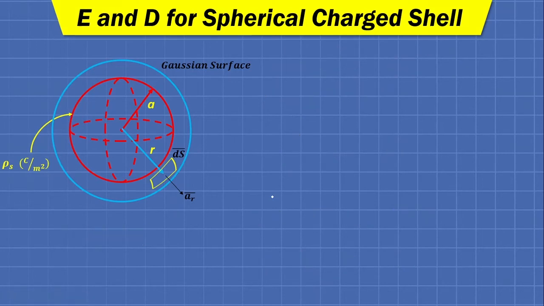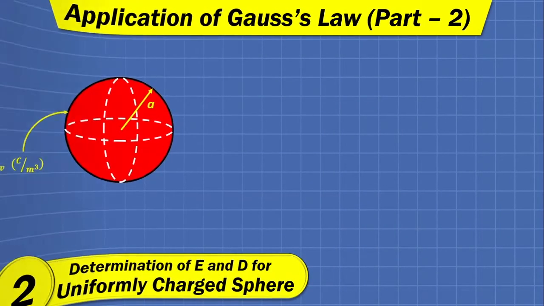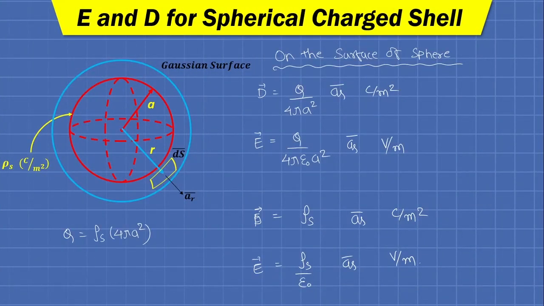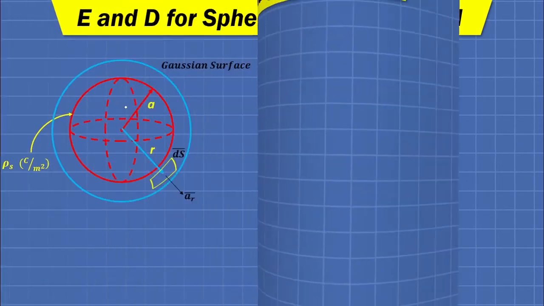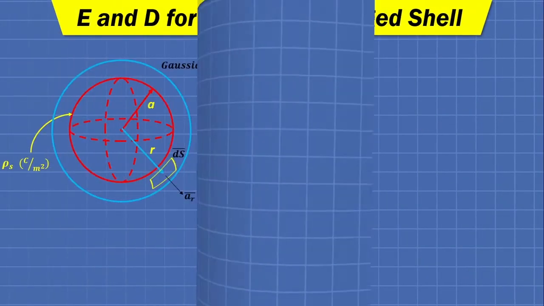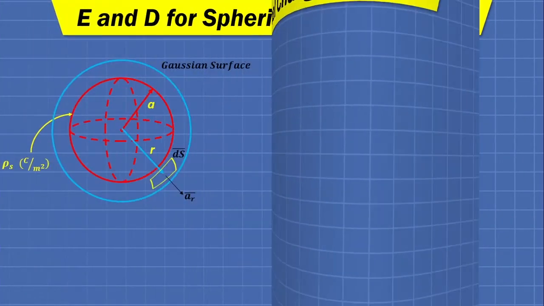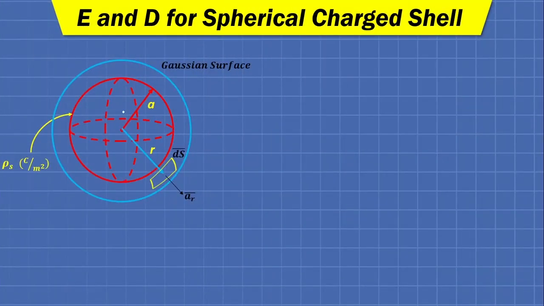And now for the inner surface, we are assuming a Gaussian surface inside the sphere with some radius, say r.